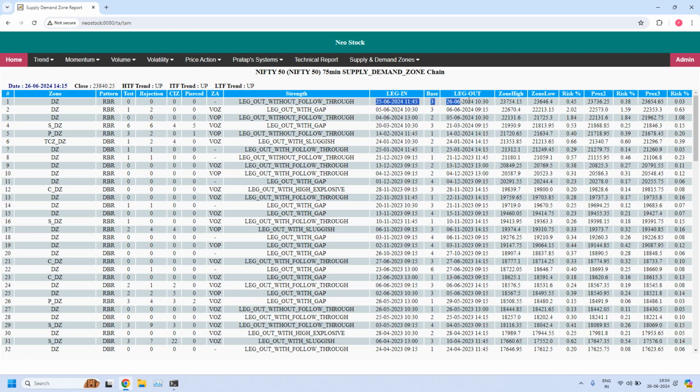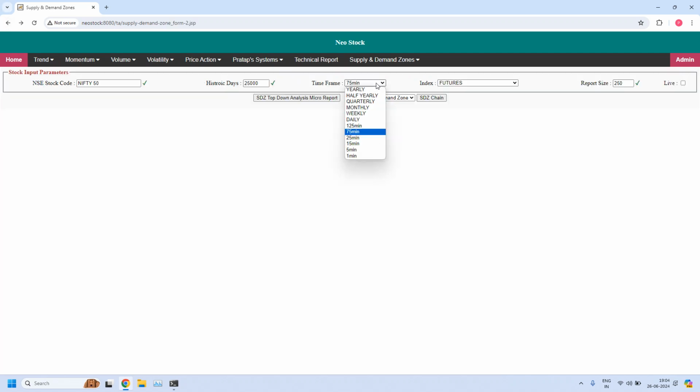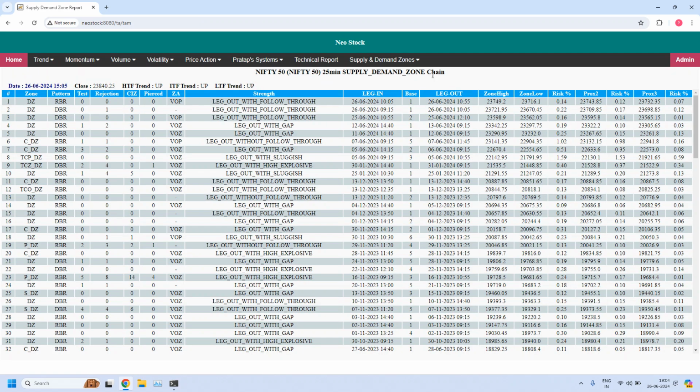And today one 75 minutes zone is created, leg out candle today at 10:30. Okay, I am going back, changing the time frame to 25 minutes, generating the 25 minutes chain. So we have two 25 minute zones created today.